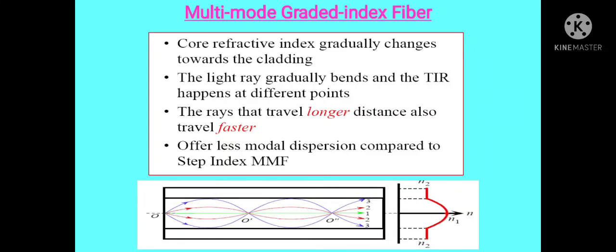The outside rays travel a longer distance and also they travel faster than inner rays. And lastly, we can say this fiber offers less modal dispersion as compared to step index multimode optical fiber. This is the light pattern through the multimode graded index fiber, and this is its output profile.